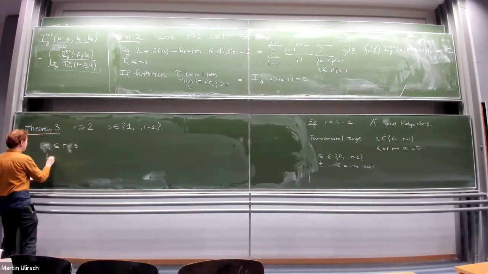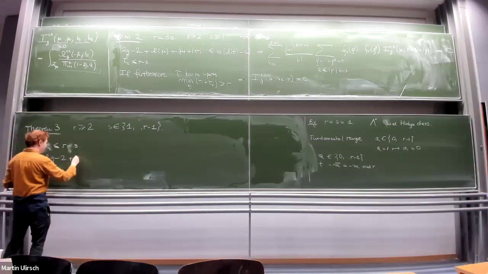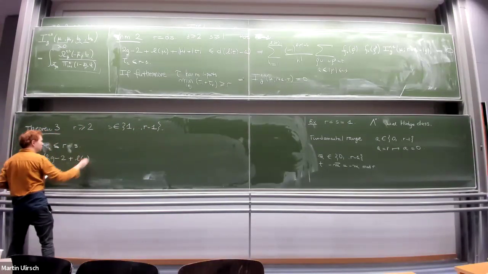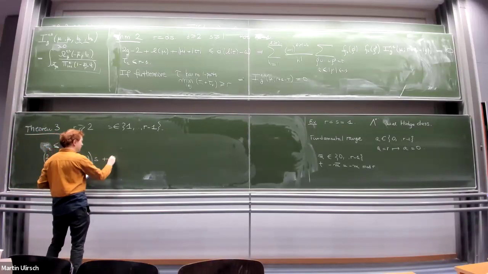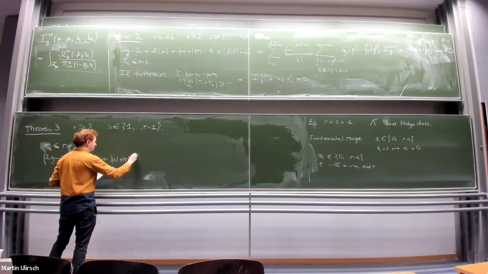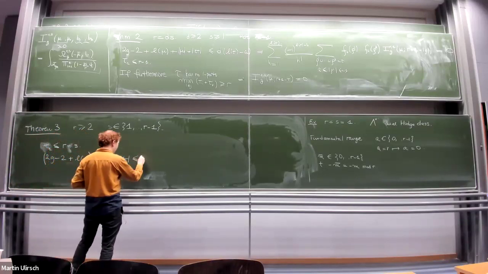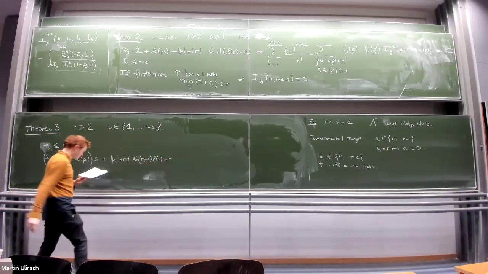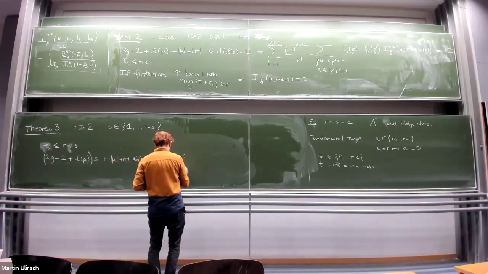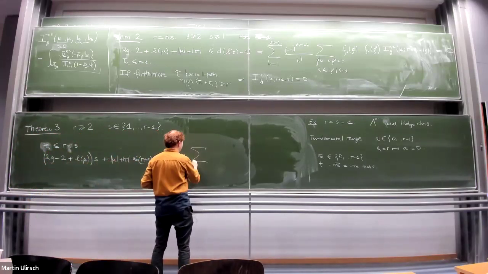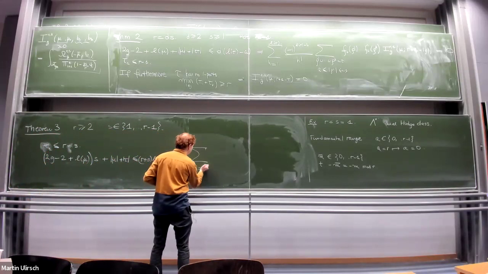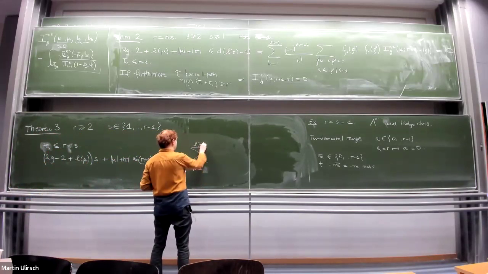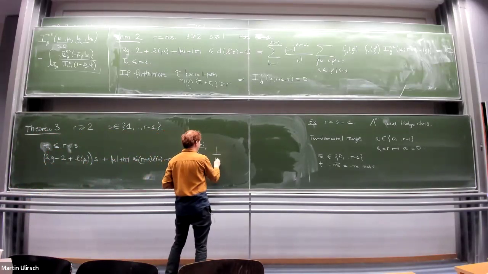And 2g minus 2 plus the sum of x plus mu plus tau is smaller than r plus s. Then you have that the sum, and here there's no alternating signs.